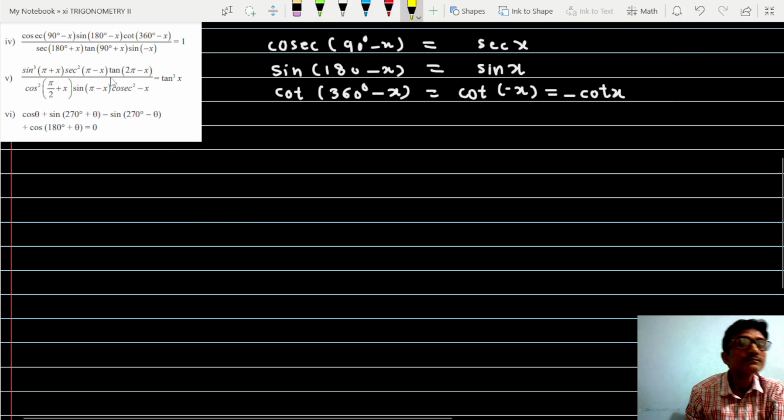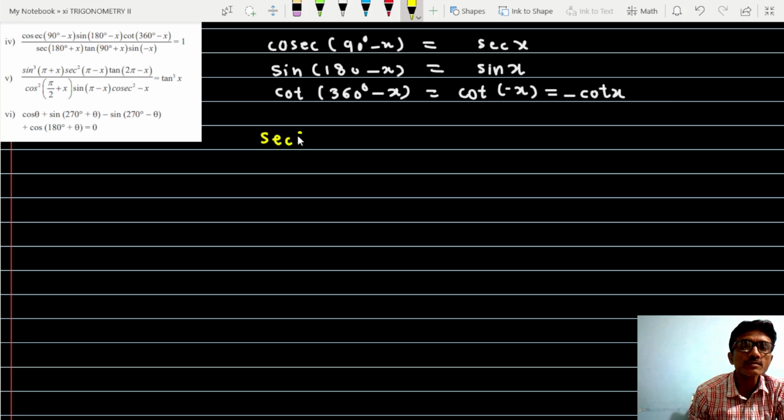In the denominator, sec of 180 plus x. Look at this, with 180 trigonometric function does not change. So here it will be sec x, but it is in the third quadrant, so negative.